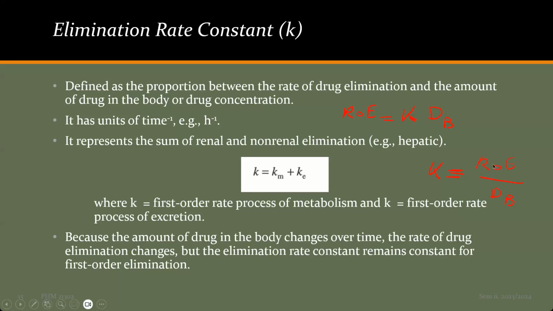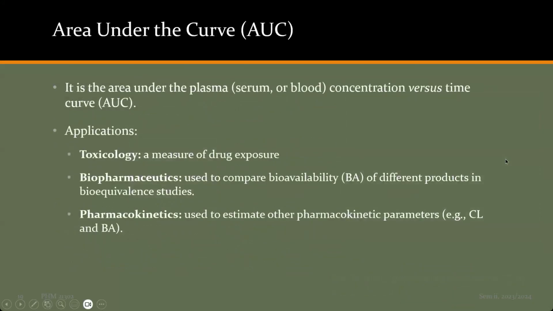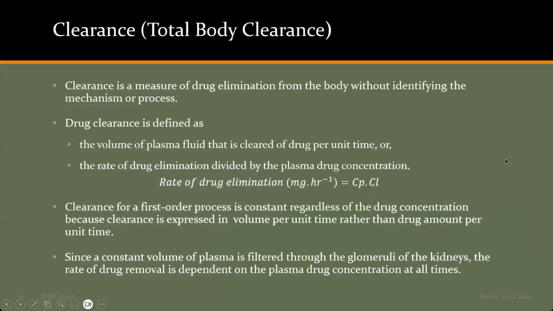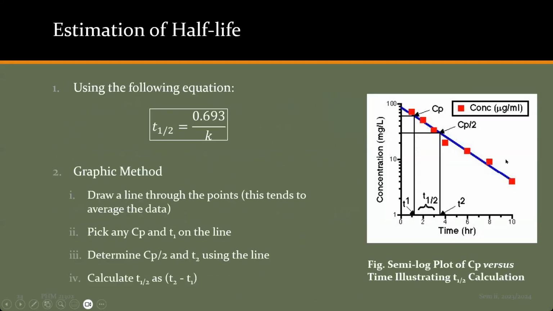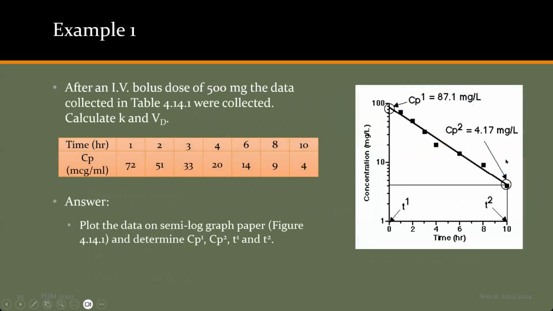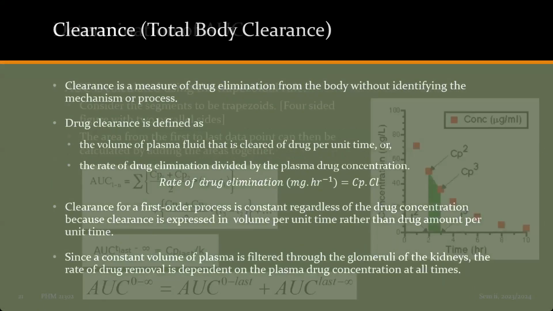The rate of elimination is amount per time, the amount of drug eliminated per unit time, for example milligram per hour. And the amount of drug in the body is in the same units of amount, milligram. So when you divide milligram per hour by milligram, what is the unit remaining?